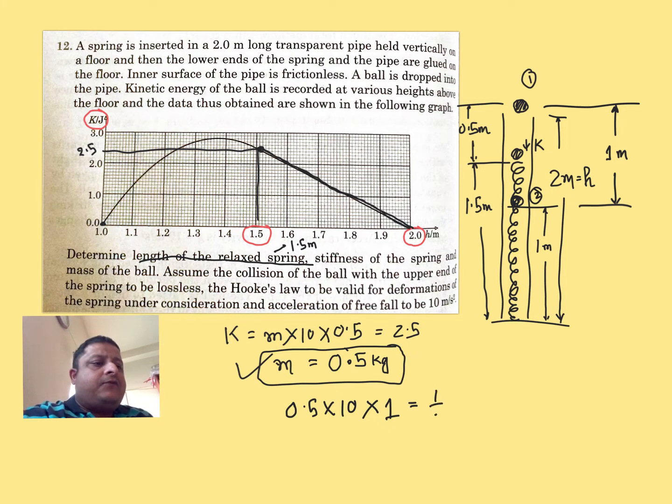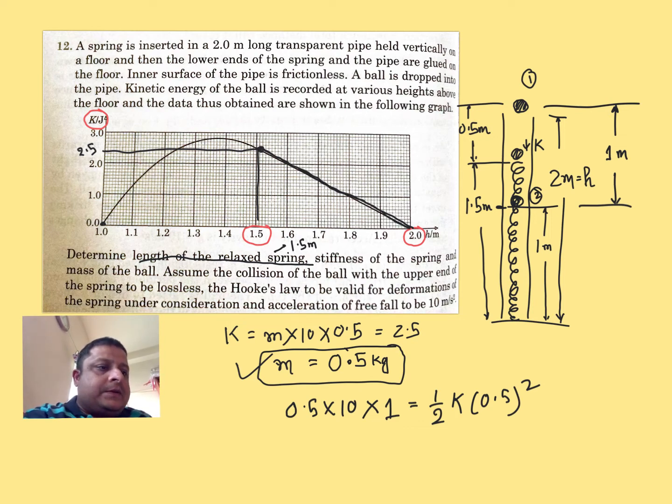That means half, because kinetic energy is 0 both at 1 and 2, right? So half k, where k is the spring constant, into what is the compression in the spring, 0.5, right? From the natural length, the compression in the spring is 0.5. See here, that's from this point to this point. The compression in the spring is equal to 0.5. Now we can find out k from here.